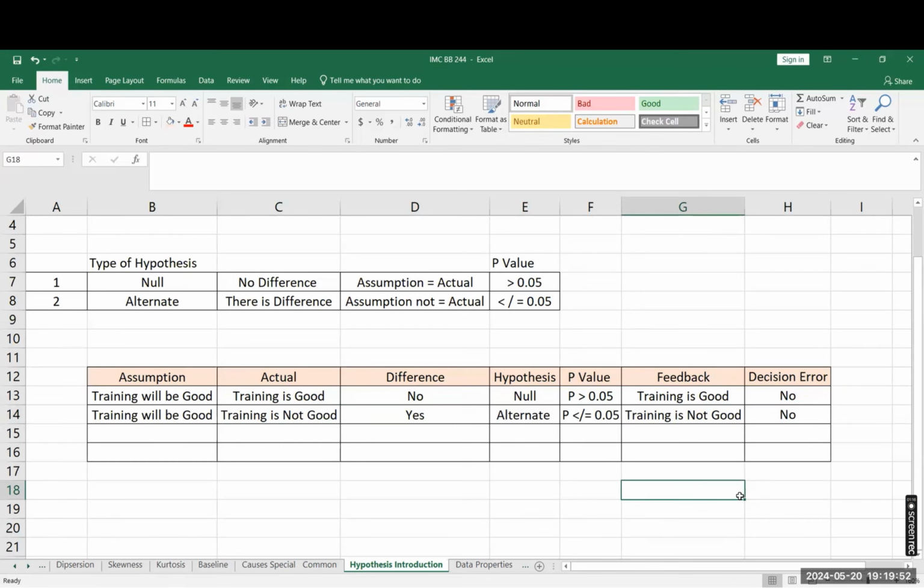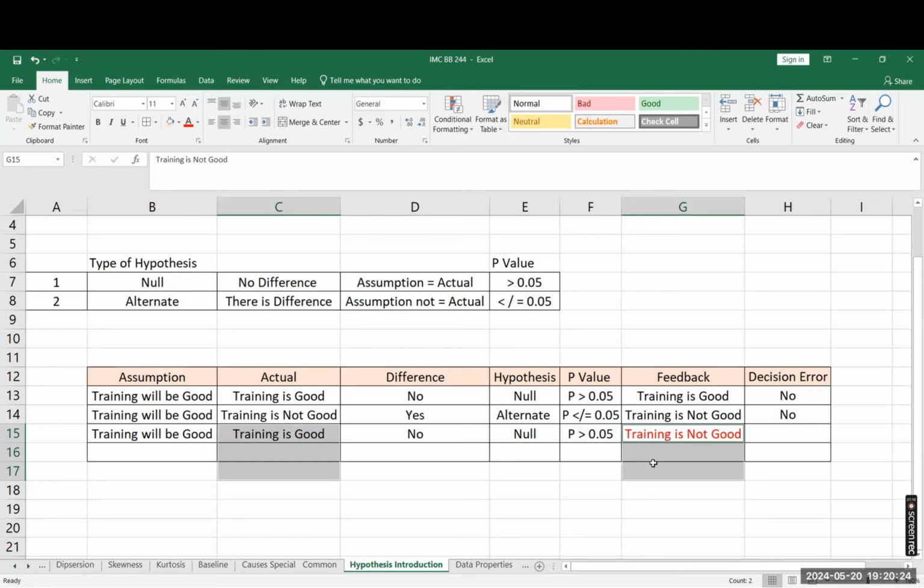Sometimes we fail to make the right decision and then we make a decision error. Example: the assumption is training will be good, and actually training is good. No difference. Null hypothesis, p-value greater than 0.05. And you are giving me the feedback that training is not good. Are you in sync with the statistical decision?